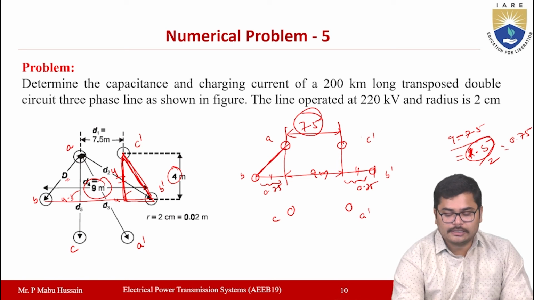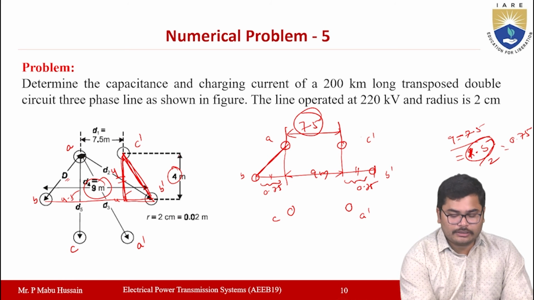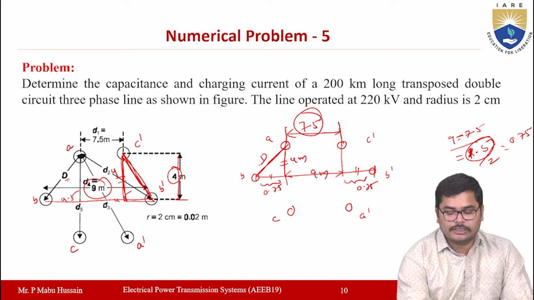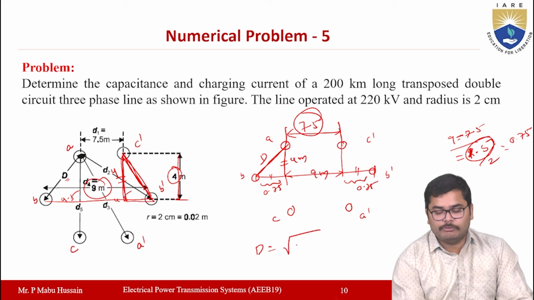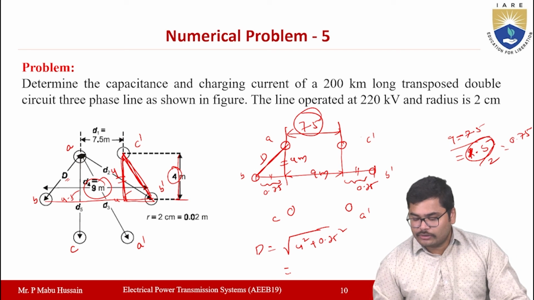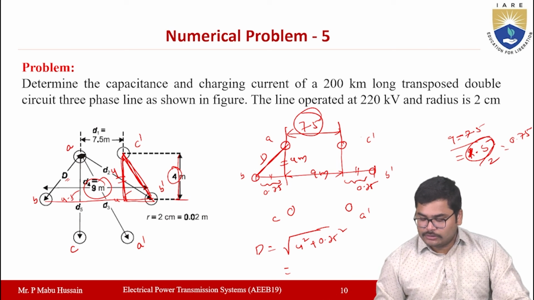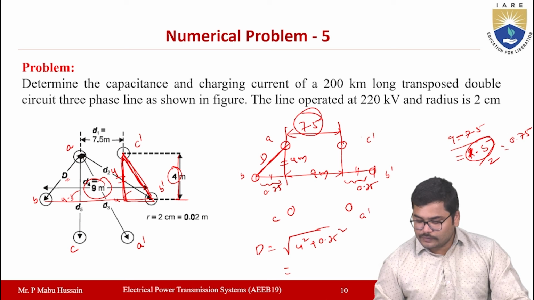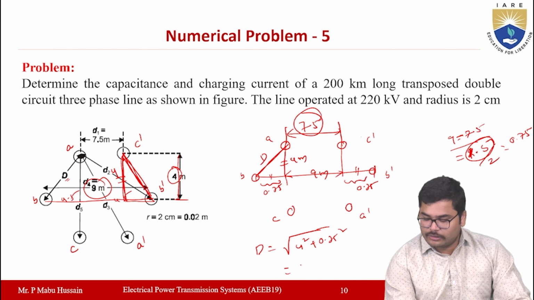Now this distance is given as 4 meters. This is capital D, so the capital D value will be equal to the square root of 4 squared plus 0.75 squared. By using this equation, you can calculate the value of D. Once you calculate this, you will get 4.0697 meters.